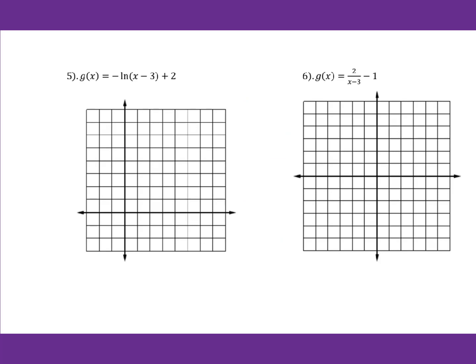This is a natural log function. We do the transformation first. 1, 2, 3. So first step, reflect across the x-axis. Second step, move to the right 3 units because it is inside the function. Then third step, go up 2.